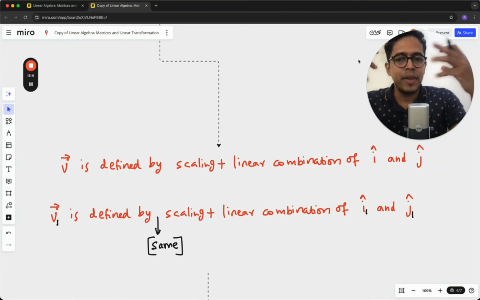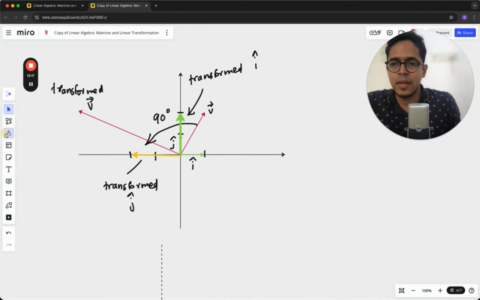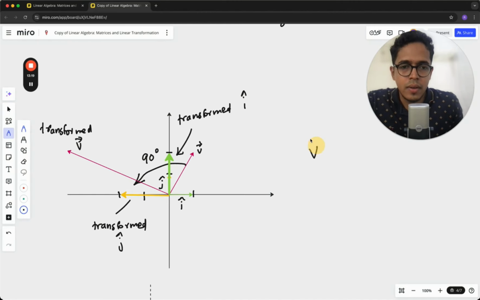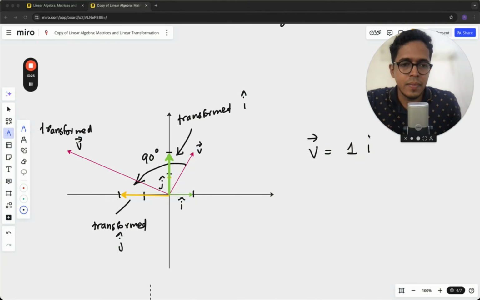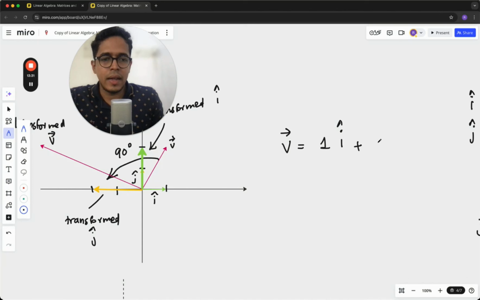We saw that v is defined by the scaling plus linear combination of i and j, right? So v was nothing but 1 times i. Here the scaling factor for i is 1, and 2 times j.